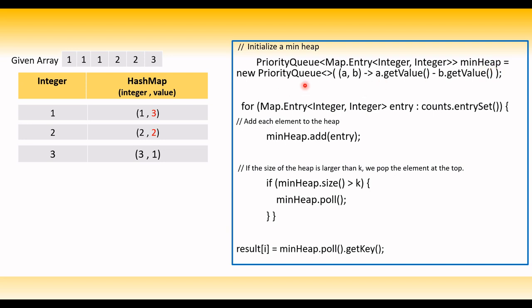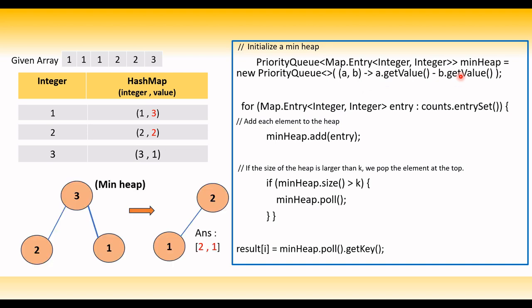And as you can see here, while we are creating the heap, we are defining the comparator in such a way that the value with lowest frequency will be stored in the root node first, and then it will go on to store the highest frequency.